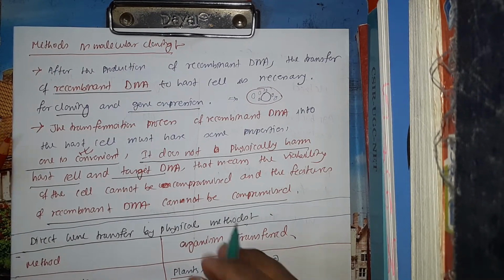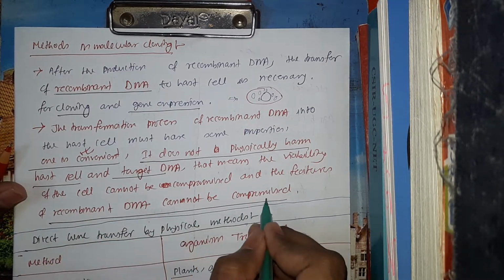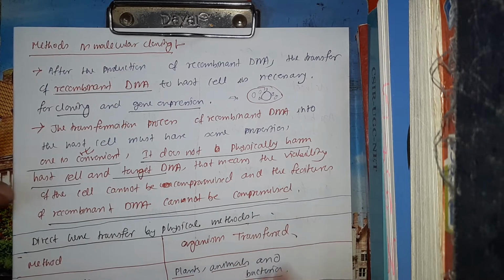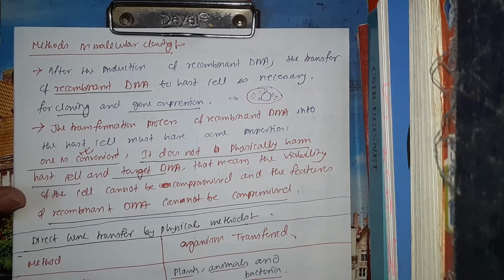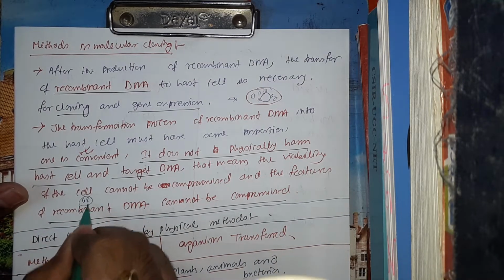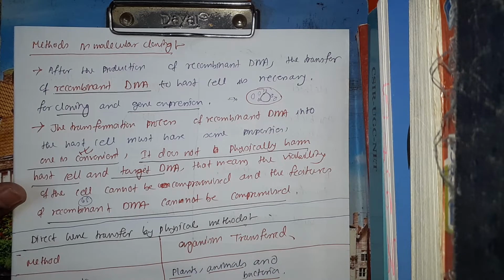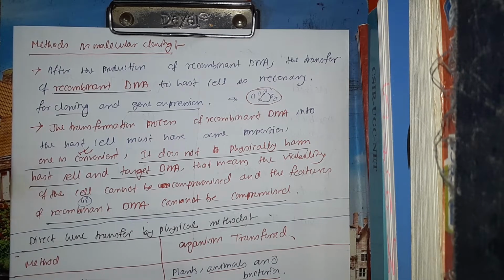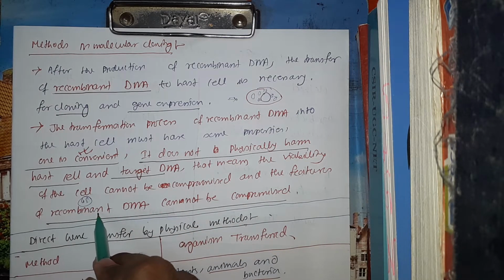And the features of the recombinant DNA cannot be compromised, because the recombinant DNA contains the gene of interest, and that is what we are interested in. If due to the transformation procedure the features of the recombinant DNA are changed, then we cannot get our desired product. That is why first of all the transformation procedure must be very convenient.